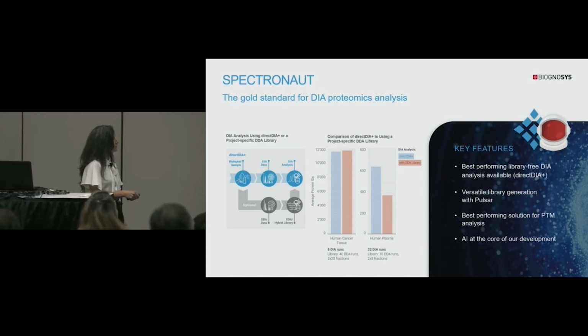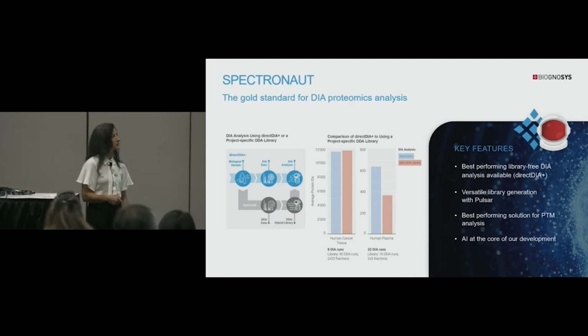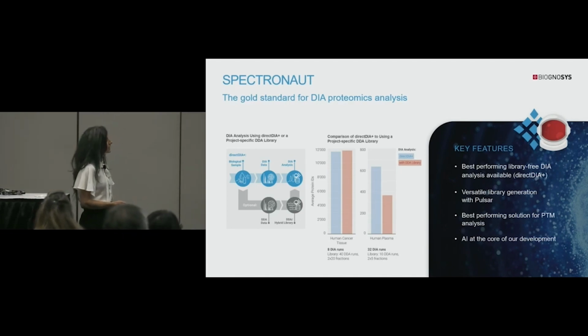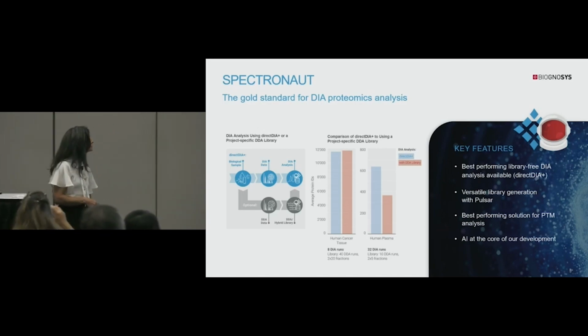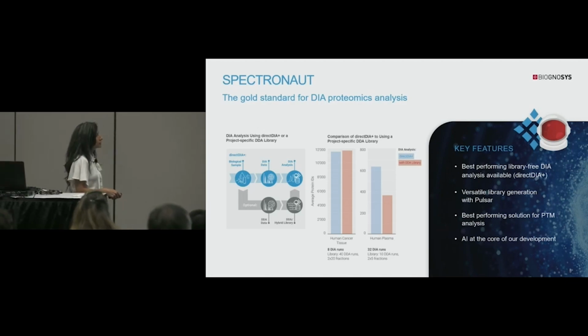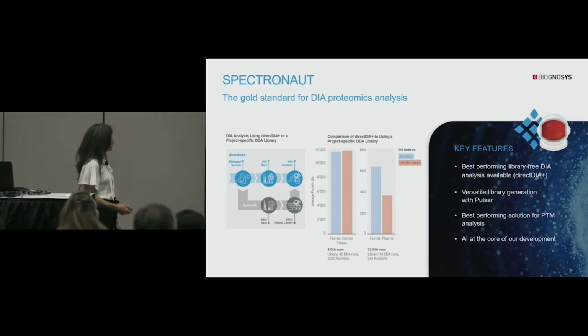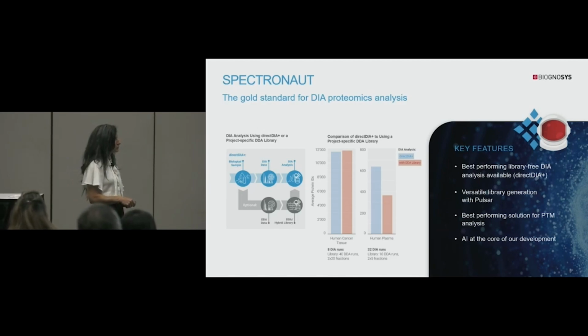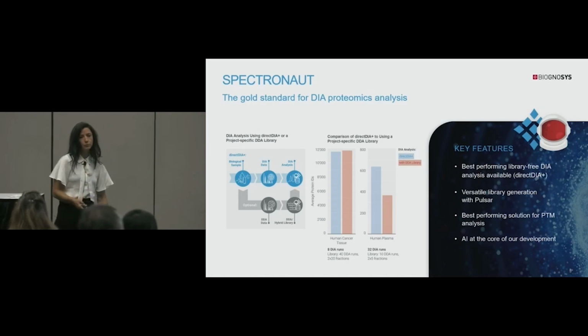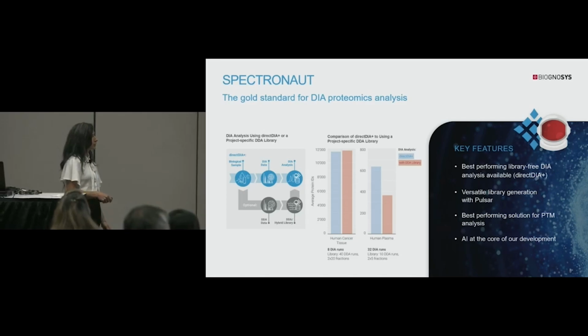Spectronaut offers the best performing library-free DIA workflow. For DIA, it's the known DirectDIA Plus pipeline. It also comes with a versatile library generation workflow. It's the best performing solution for PTMs when you do that using DIA, and is continuously being improved and developed with artificial intelligence at the core of our roadmap.